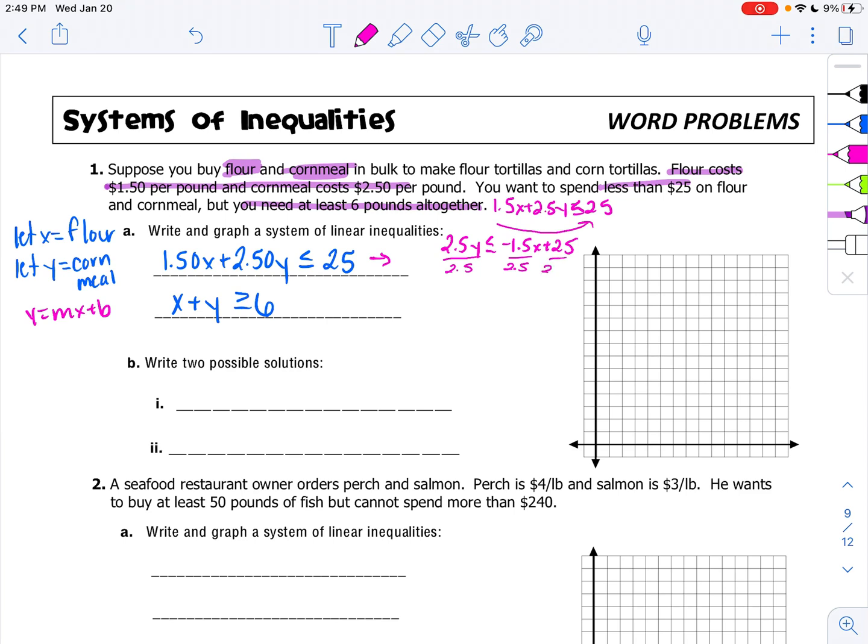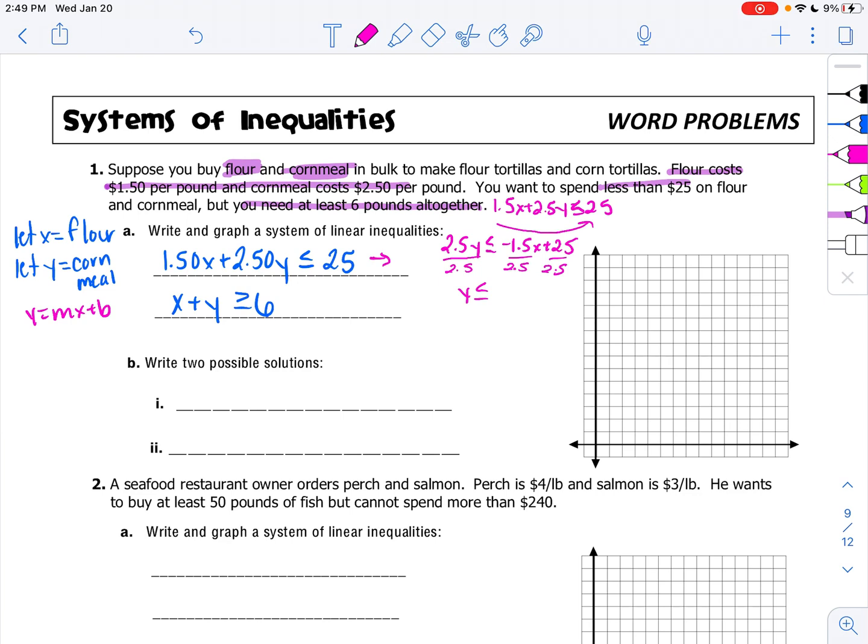Now, when you divide by 2.5, you get y is less than or equal to, because I didn't divide by a negative. When you do negative 1.5 divided by 2.5, we're tempted to write that as a decimal. But remember, we're going to have to graph this, so we want it as a fraction.